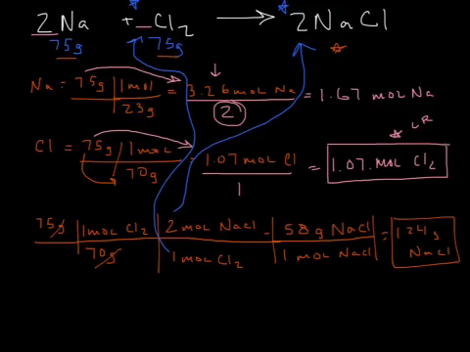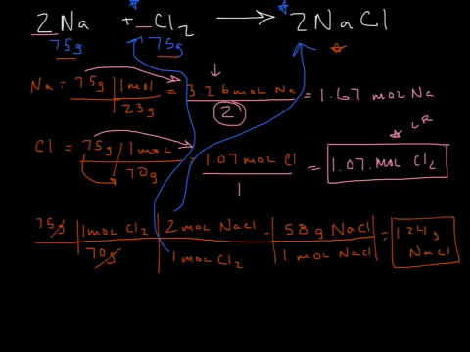Lastly, I told you it's the bonus. We're going to find how much excess reactant is going to be left over at the end of this reaction. So what are we going to do? All right, so we know that sodium is our excess reactant. We know we have 75 grams of sodium, and we know we have 75 grams of chlorine.